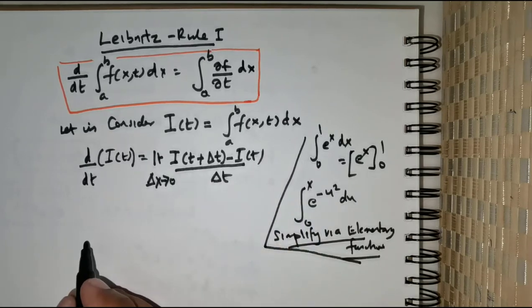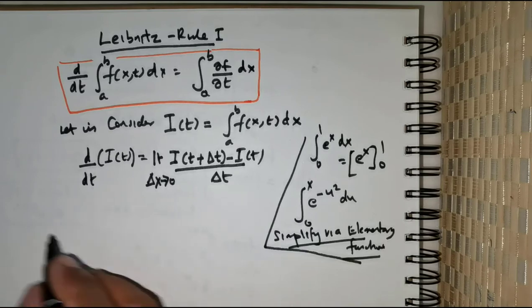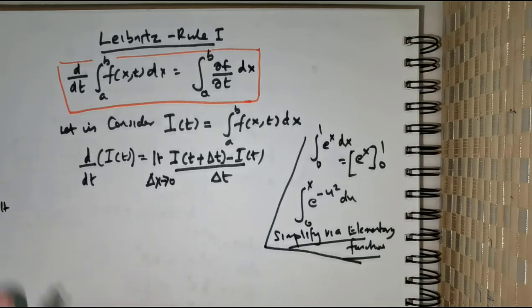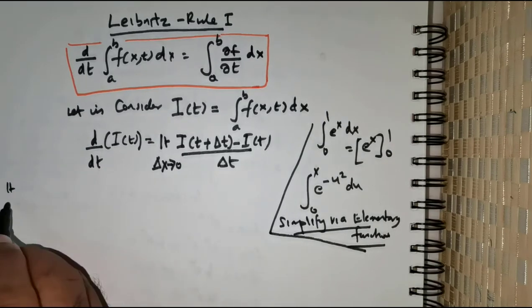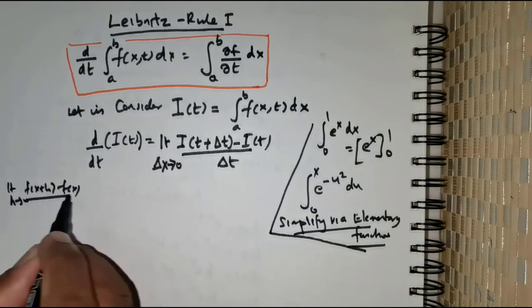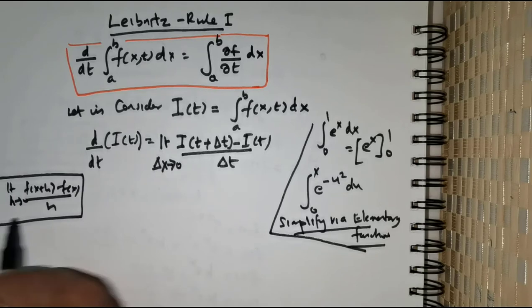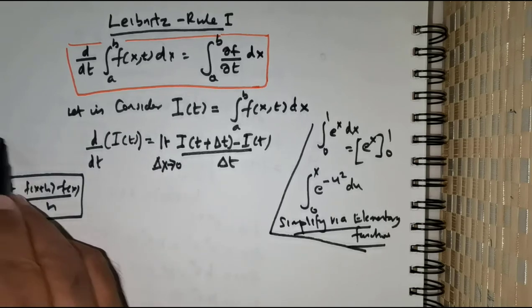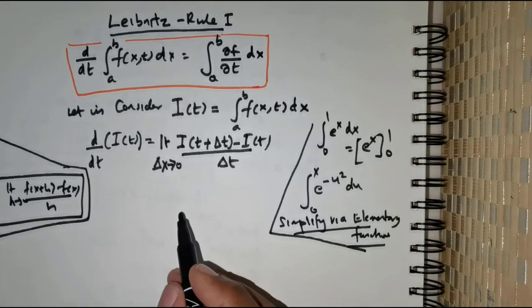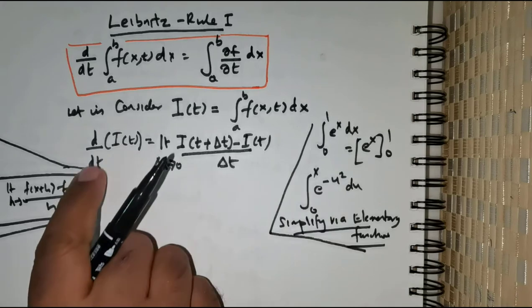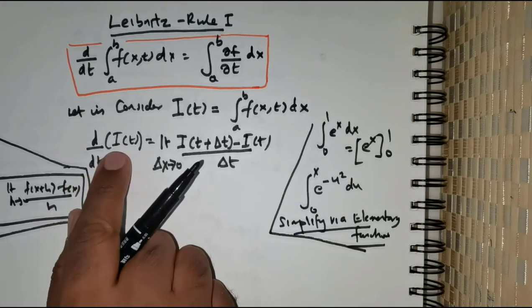Where am I getting this? This is nothing but the popular definition of derivatives, limit h tending to 0 of f of x plus h minus f of x divided by h, using the first principle. We are exactly using this first principle and representing d over dt of I of t.